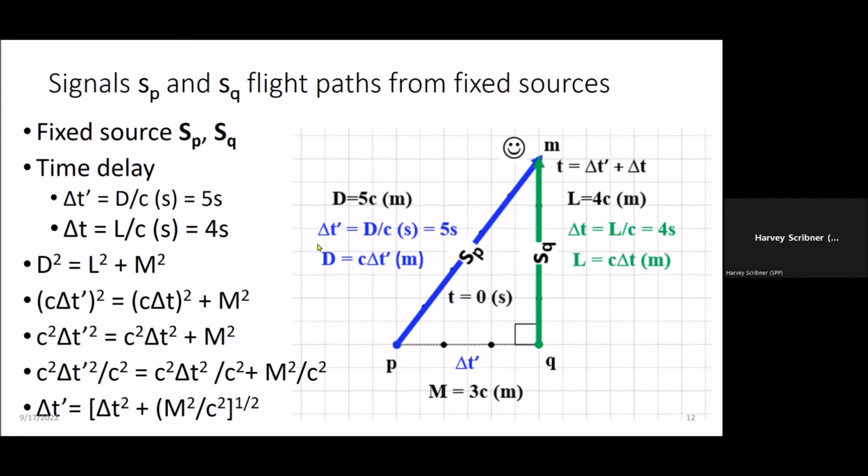And so d is equal to c delta t prime, I'm sorry, that was for d, and l is c delta t. And then m is a distance.